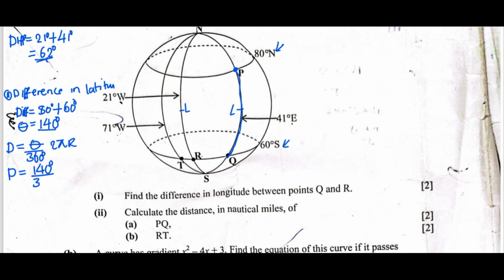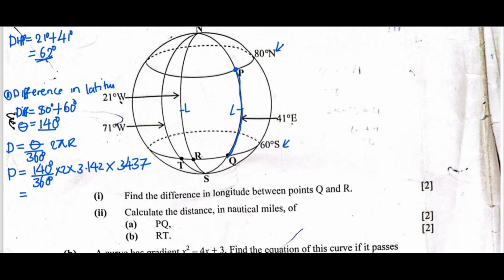over 360 times 2 times the pi, which is 3.142. Then the radius in nautical miles is 37. So let's now do calculations. So it's 140 times 3.142 times 2 times 37.